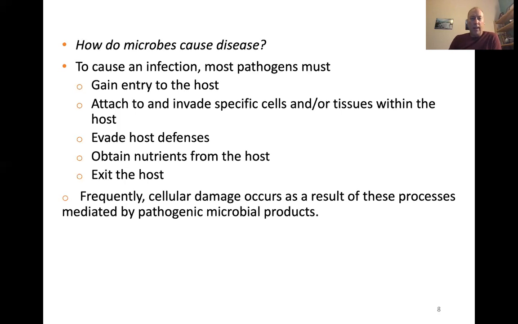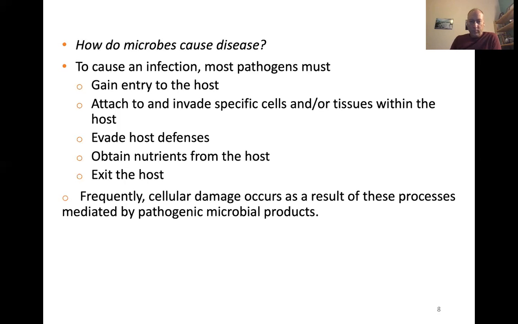Okay, so at the same time as the pathogen is trying to acquire nutrients and proliferate, the host is trying to keep it from doing that. Then ultimately, in order to be successful in the evolutionary sense as a pathogen, not just in the context of that individual infection, the pathogen has to somehow get to new hosts, has to exit the host that it's in and attack a new one.